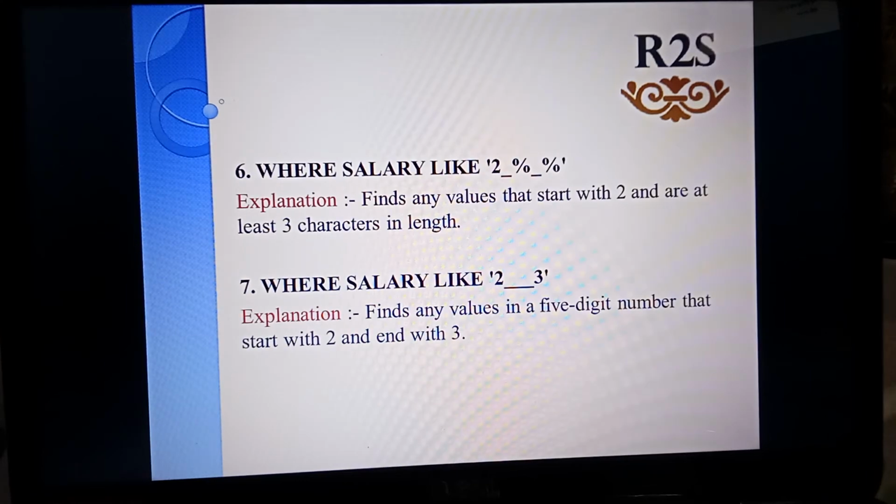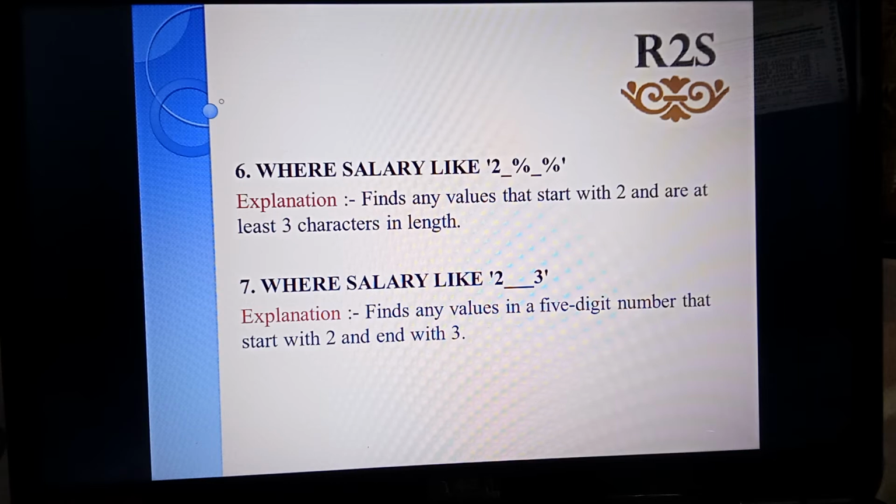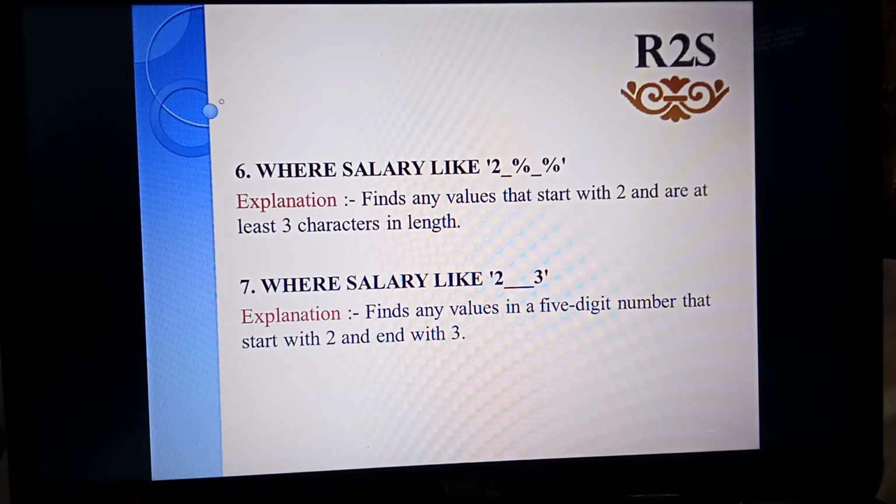In the sixth example, find any value that starts with 2 and is at least 3 characters in length. In the seventh example, find any value in a 5-digit number that starts with 2 and ends with 3.